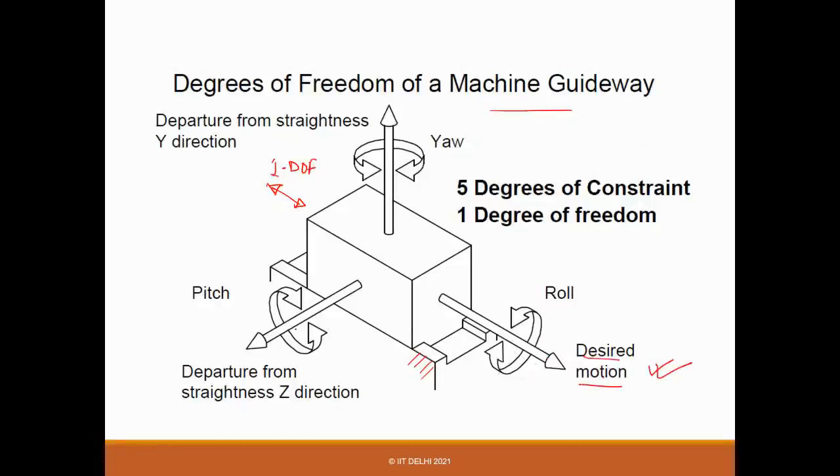So this roll, this pitch or yaw, this movement along this direction, same way along this direction, should all be constrained. So if you see, I think the earlier design was very good, because what they used to do is, on the machine base, you used to have only a flat.